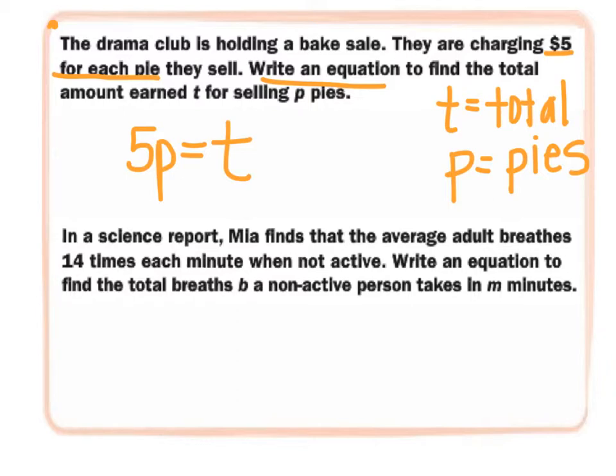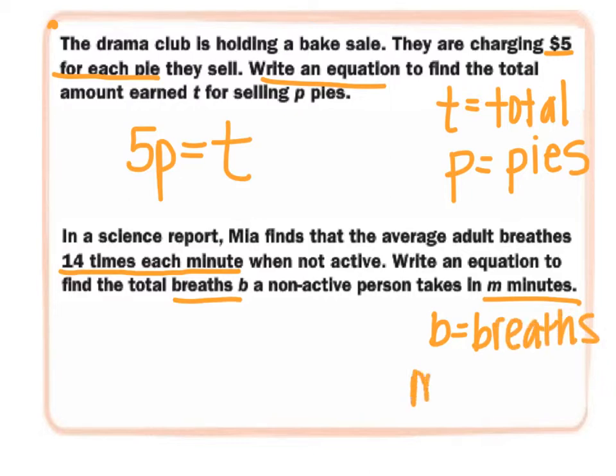Our second one: in a science report, Maya finds that the average adult breathes 14 times each minute when not active. Write an equation to find the total breaths, B, a non-active person takes in n minutes. So B equals breaths and M equals minutes.